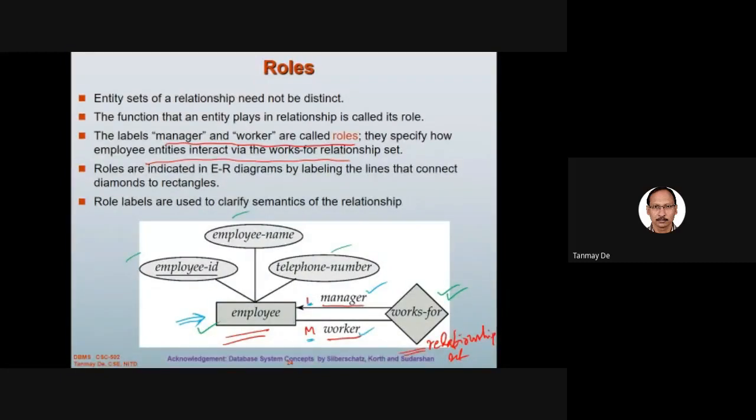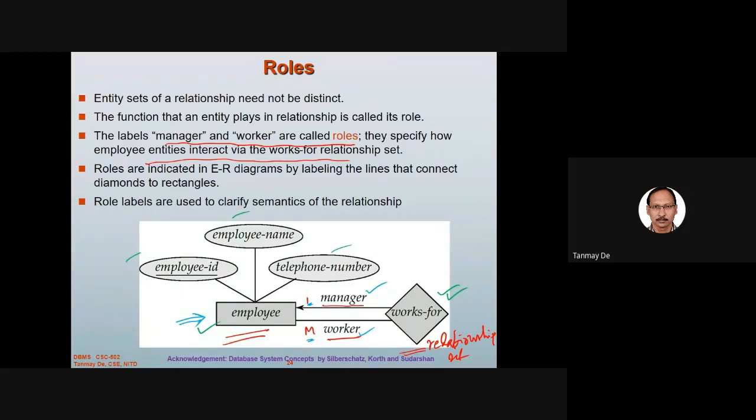Because multiple workers work under a particular manager. And on the opposite side, we can think a manager can have any number of workers to perform the project or perform the task.